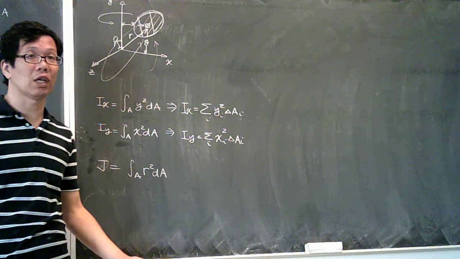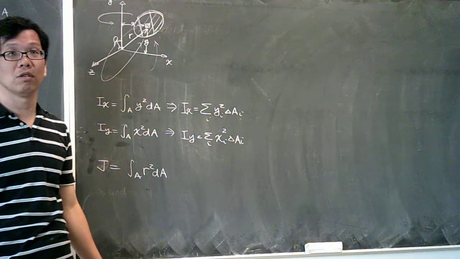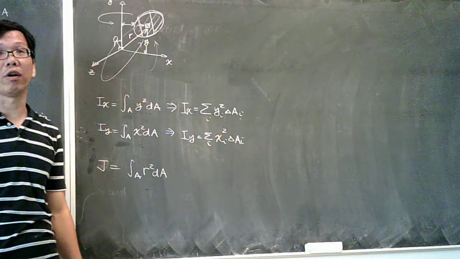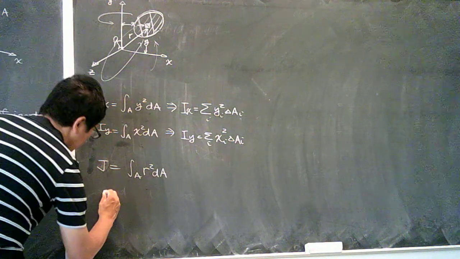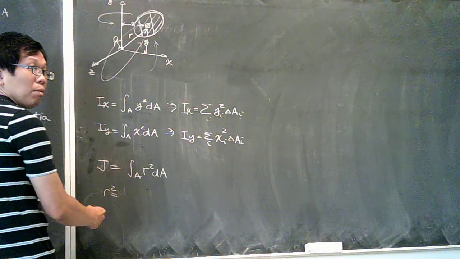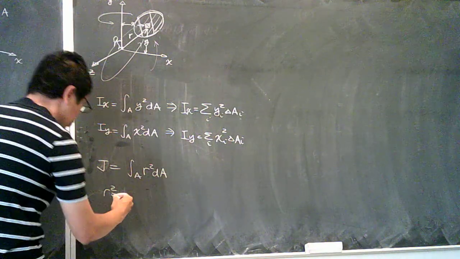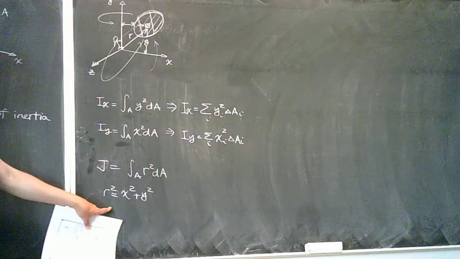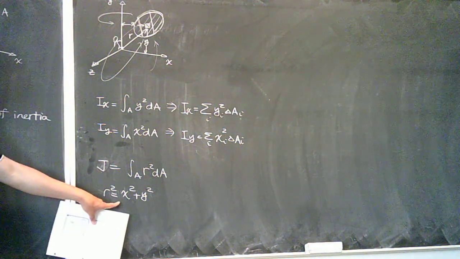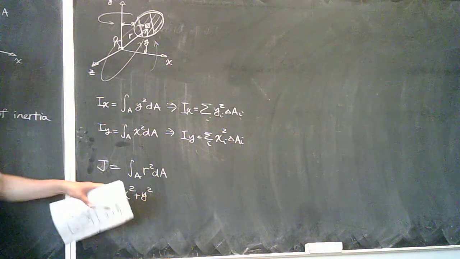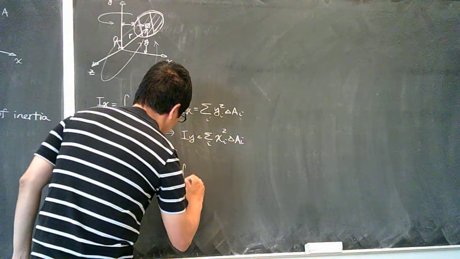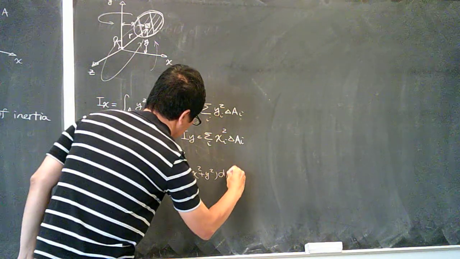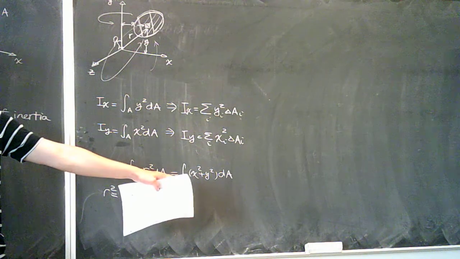But sometimes you're not given the required information like this. Sometimes you might be given the moment of inertia in x and y. So how are you going to use those two? Based on the triangular relationship, what do we have? r squared equals x squared plus y squared. Does this look familiar to everybody? So over here it becomes something like this.